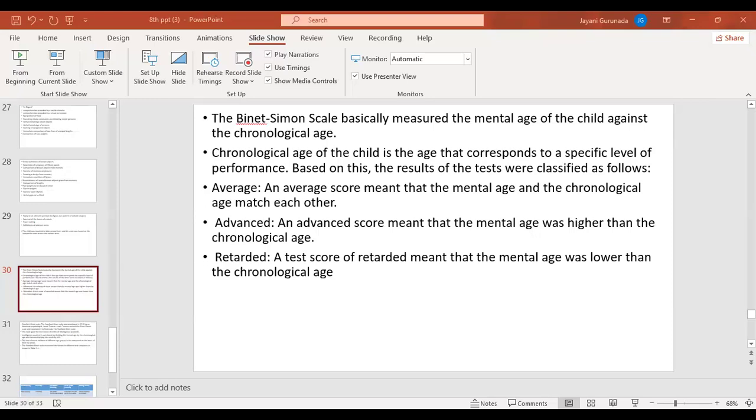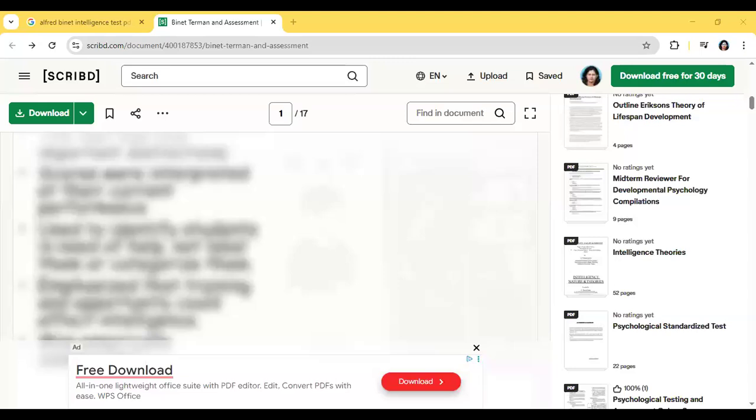It's difficult. We'll see whether it's available. It's not visible. They have blurred it. Okay, it doesn't matter.